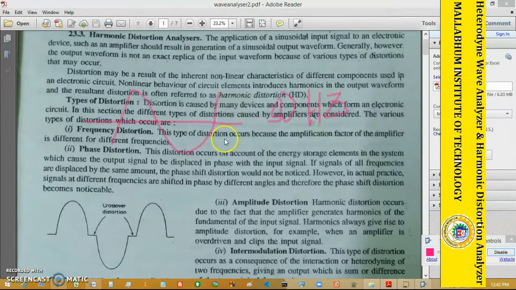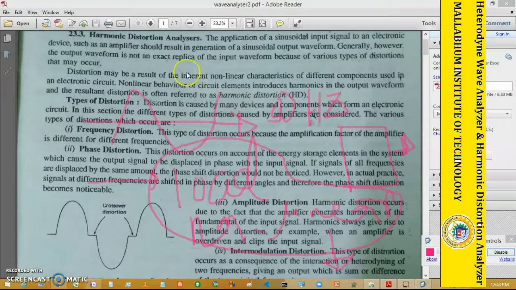But in a practical circuit, whenever this signal is fed to an amplifier and we get the output signal out of the amplifier, or this signal is passed to a load, obviously a non-linear load, not a linear type load like resistance, capacitance or inductor, then after passing this, the output we get is distorted.